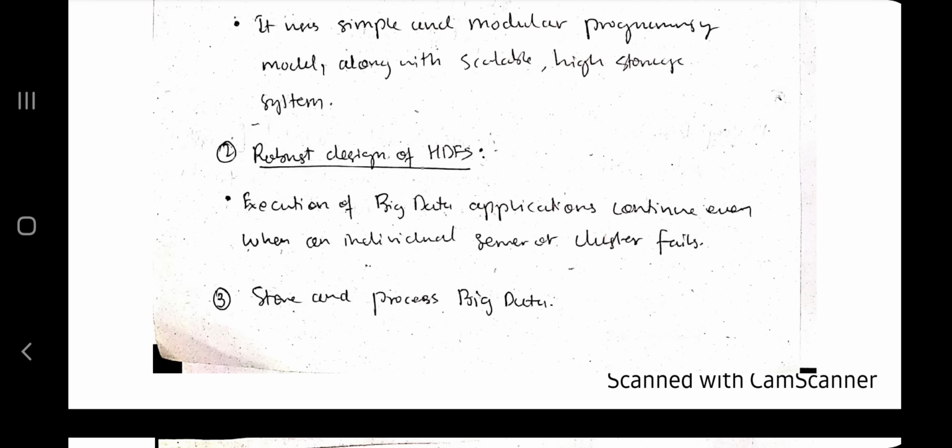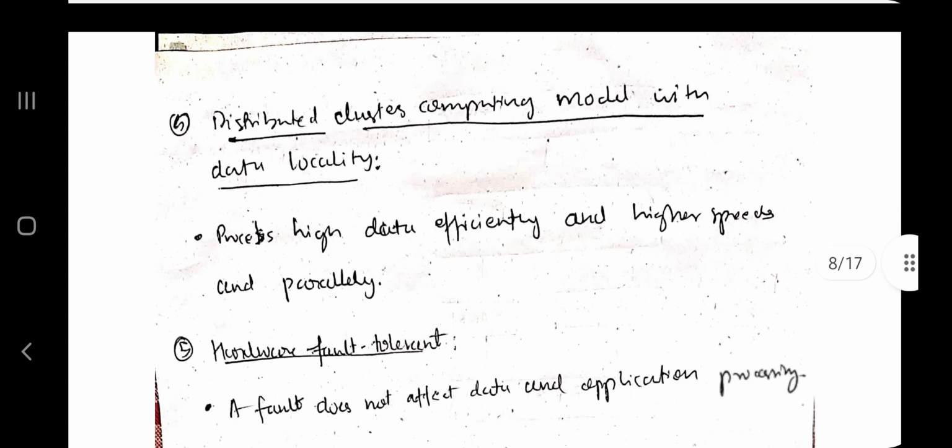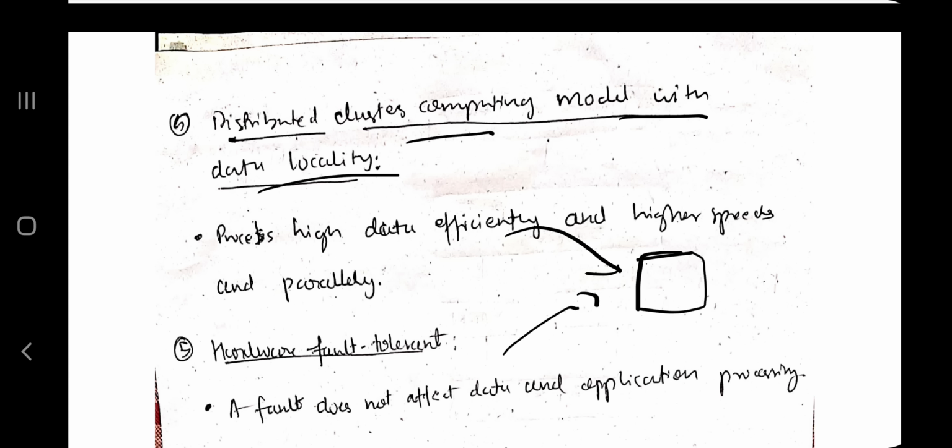Now you have one toy which is very good and very big, and its design is very attractive. Now, distributed clusters computing model with data locality. You don't have only one toy. All those people who are listening to this video on YouTube have that toy in their home, and they come to VTU and train their toy.